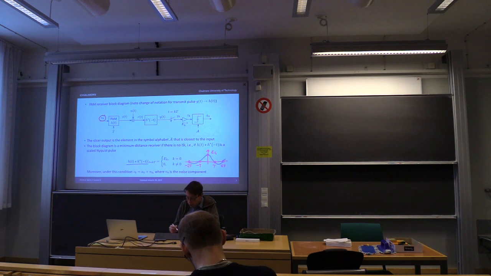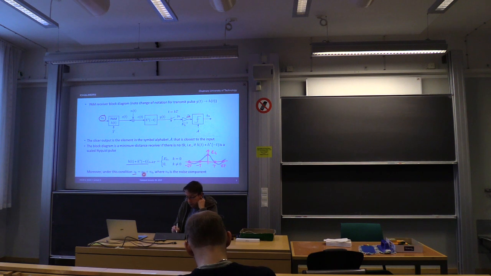Okay, so under this condition, that we have these zero crossings, so that h is this scaled Nyquist pulse, then the input to the slicer, so this z is this z, is the data that we transmitted plus a noise component.